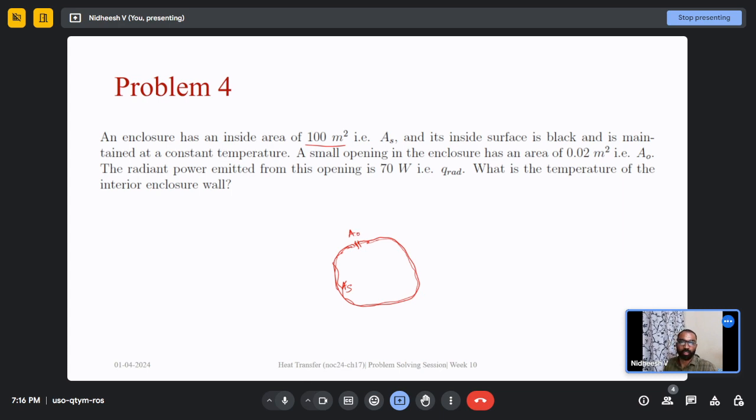Such enclosures with small opening, we can consider them to be as black bodies, because whatever radiation is entering this enclosure is assumed to be successively reflected and absorbed by this enclosure body. So its absorptivity is assumed to be 1, and emissivity too, it will absorb all the incident radiation and be a perfect emitter.